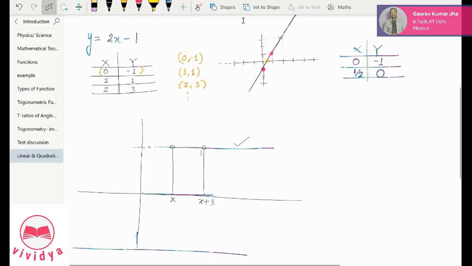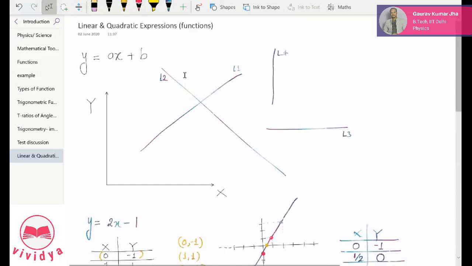That will help you to think about it, since any straight line is given by y equal to ax plus b. Think like that. Let us talk about what the values of a and b should be. If whatever x value you keep, y is always the same, then what could be the values of a and b?